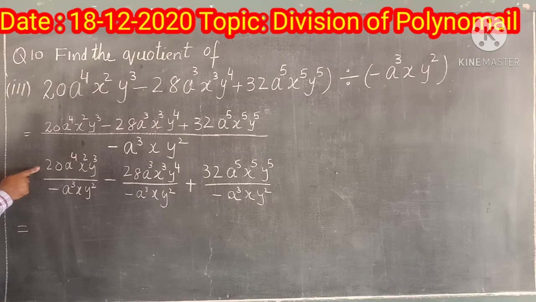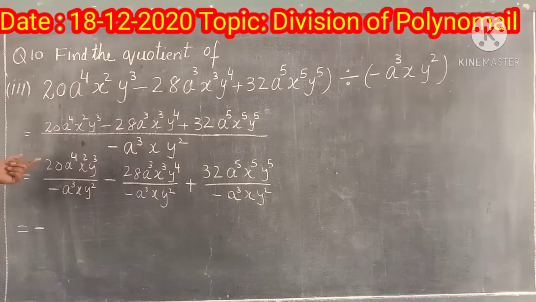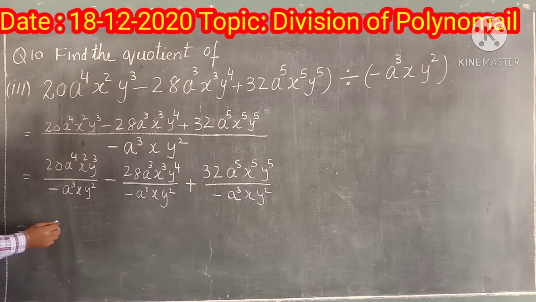This term is positive and this term is negative, so plus divided by minus, the result will be negative. Then we will divide the coefficients. Its coefficient is 20, the other is 1. 20 divided by 1, the answer will be 20.